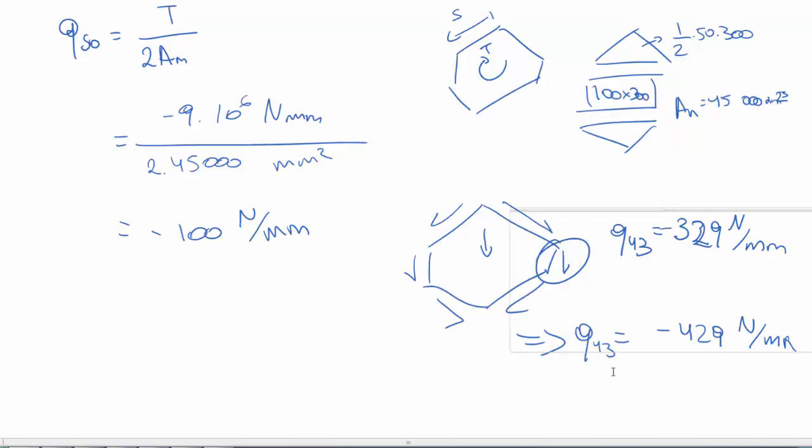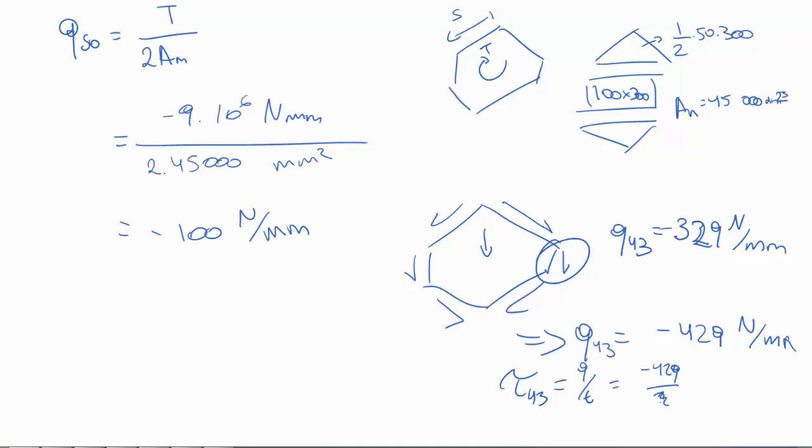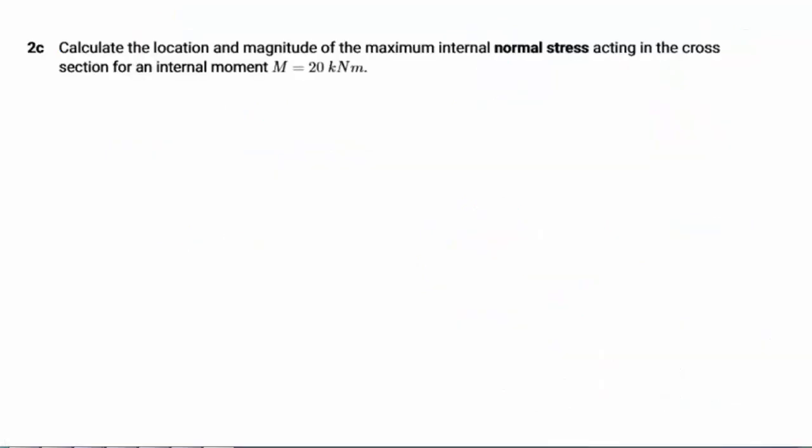Therefore, the shear stress in member 4-3 is equal to Q divided by t, which is 941 divided by 2, which comes down to minus 214.5 megapascals. Note that there was no question 2b on the exam, as this was used for extra room for the previous question, so we will go on to question 2c.